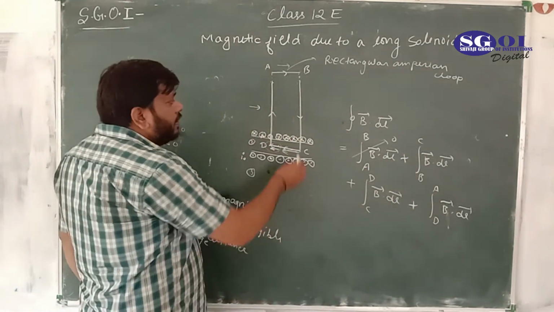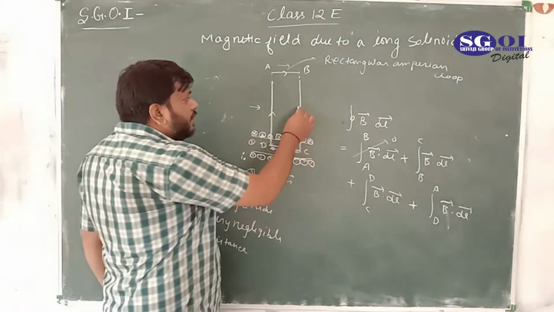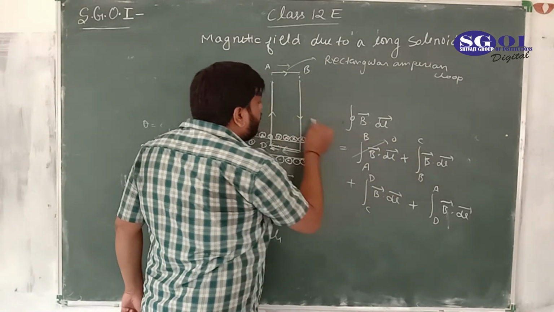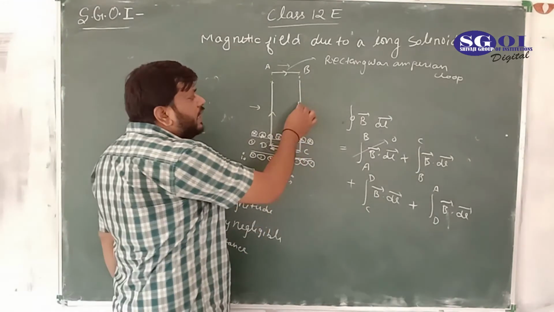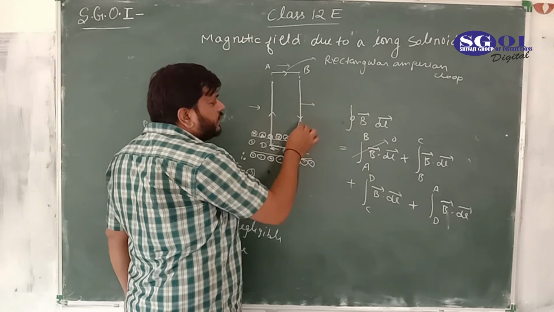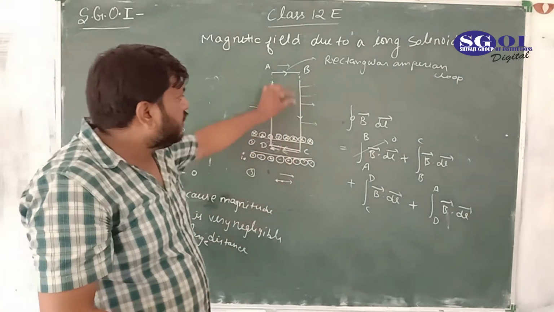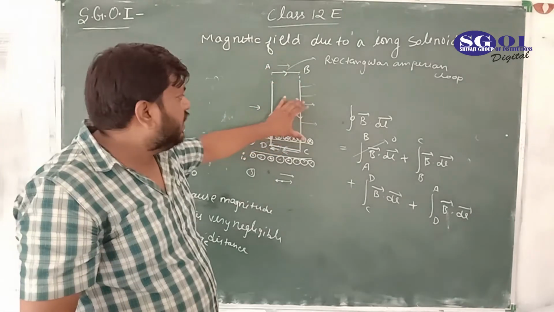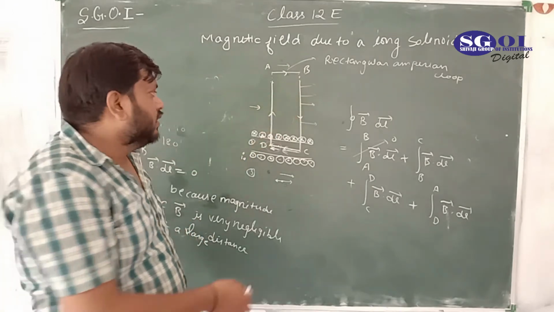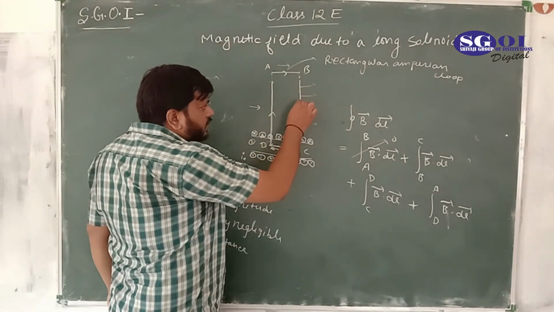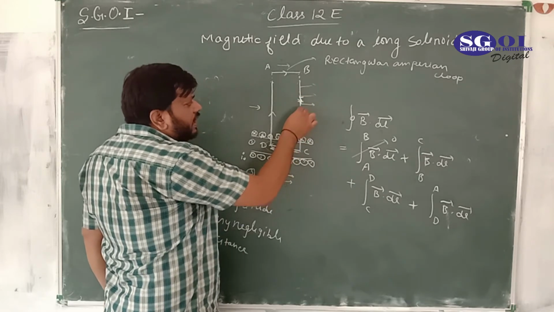Let's see. For this whole part, the magnitude of B is not constant, as we can see, but the angle is. This is the direction of the magnetic field, and for all the small elements dl, what is the angle between B and dl? Suppose this is a small part dl. This is dl, this is the magnetic field.